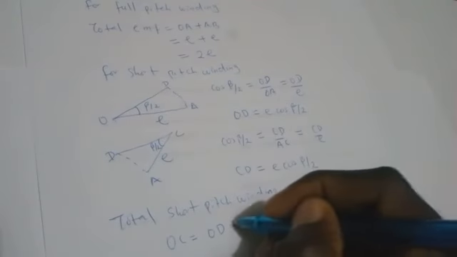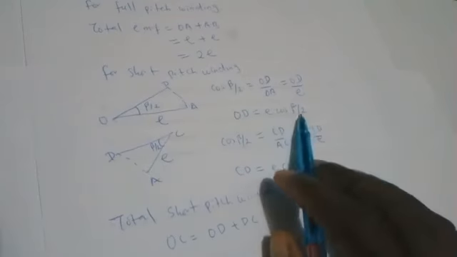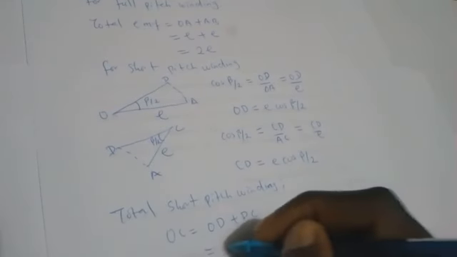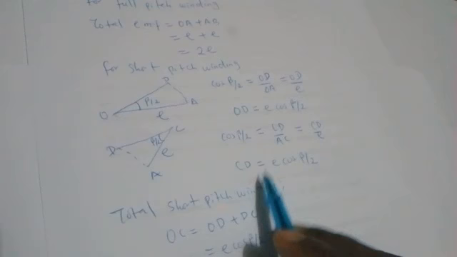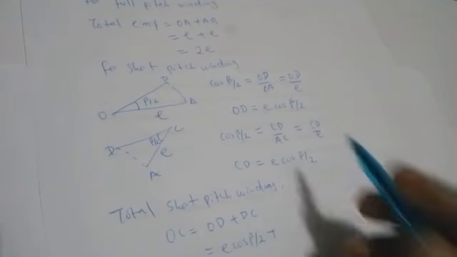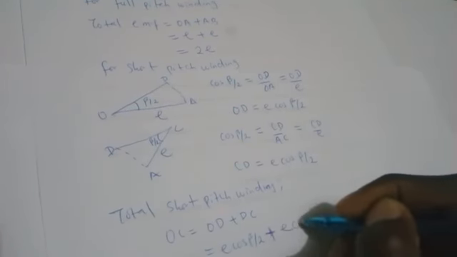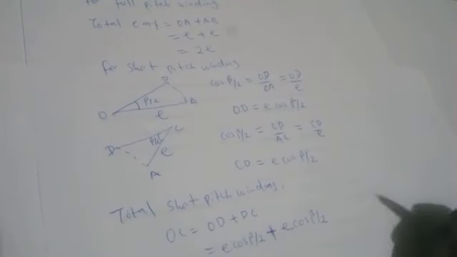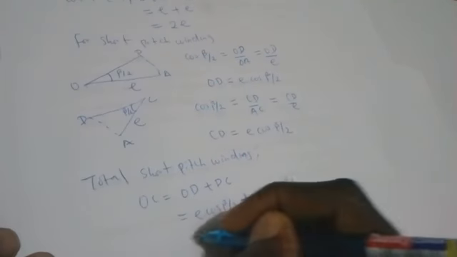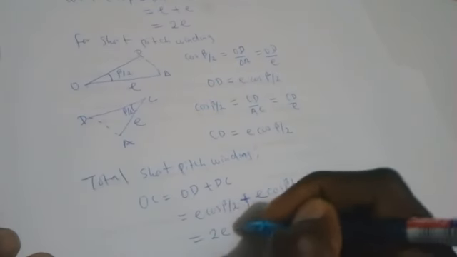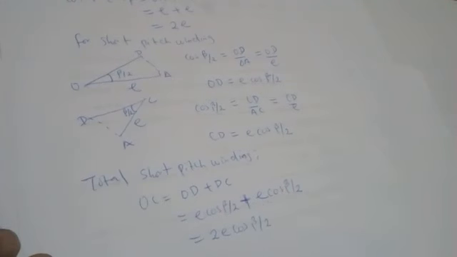What's our OD? Our OD is E cos beta over 2, plus what's our CD or DC? Same, E cos beta over 2. Now, the addition of the two will give me 2E cos beta over 2.